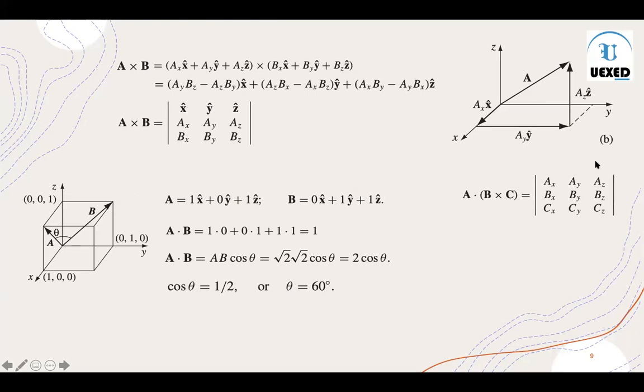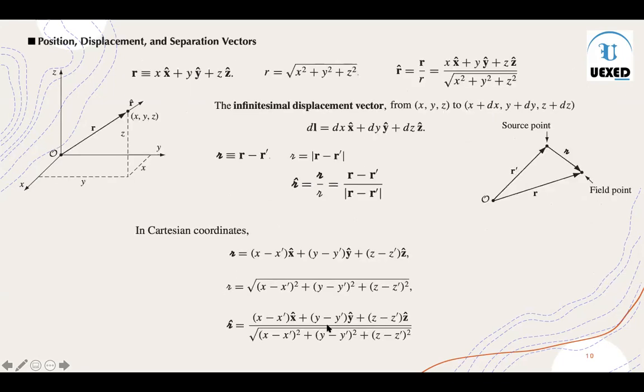This could be represented in terms of the determinant, and accordingly we can discover formulas like A cross B cross C equals B times A dot C minus C times A dot B. These could be proven very easily by considering, for example, your vector A is something like this and vector B is something like this; you can always evaluate the right-handed terms and left-handed terms, and you will see that this follows certain rules. These are very important.